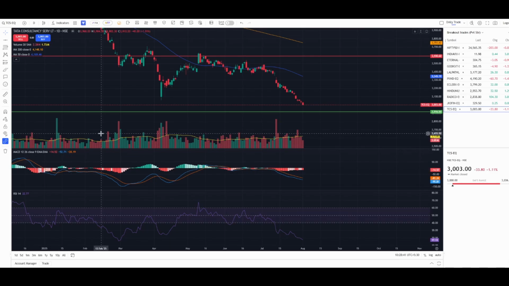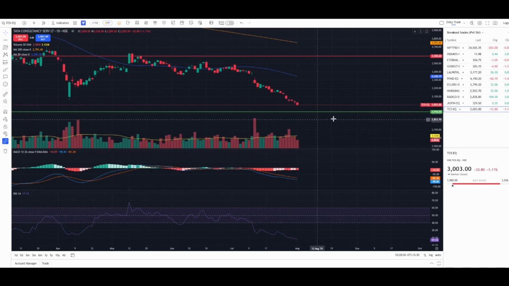Okay. Now, this is what is happening. The prices are falling. But in the last few candles, the volumes are not saying much.